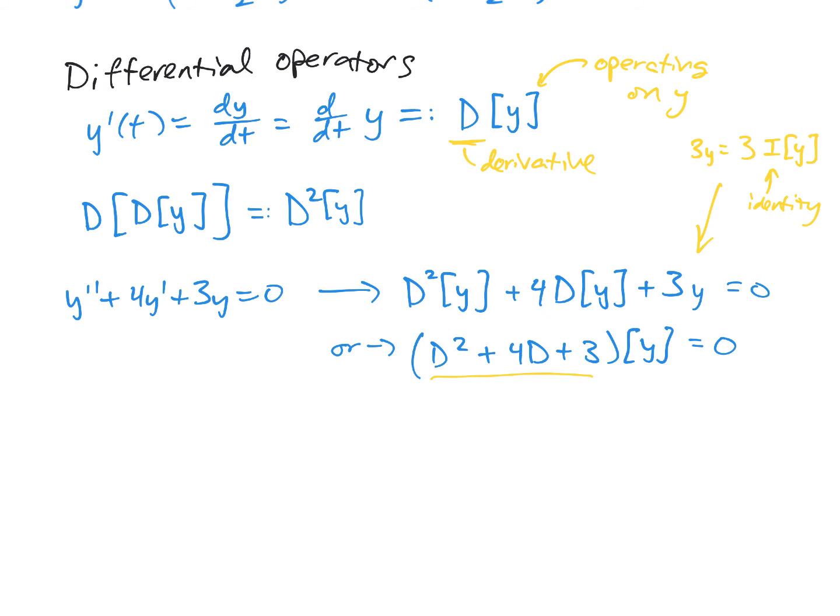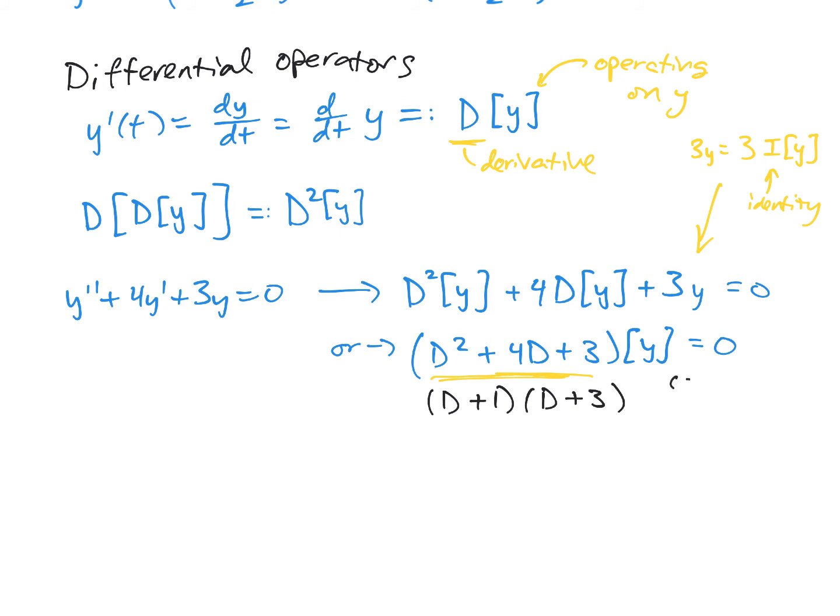And we see in some cases you can treat this like a polynomial and it makes sense to do so. So let's make an observation here. If this were a polynomial, we could factor it into D plus 1 times D plus 3.